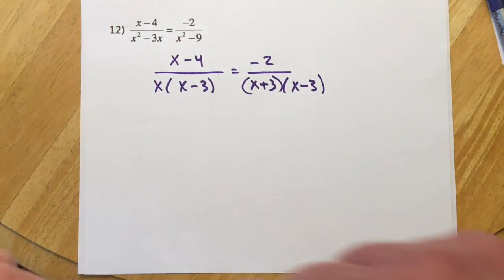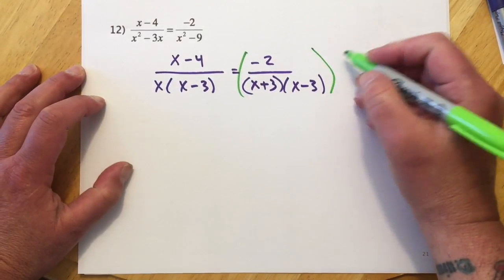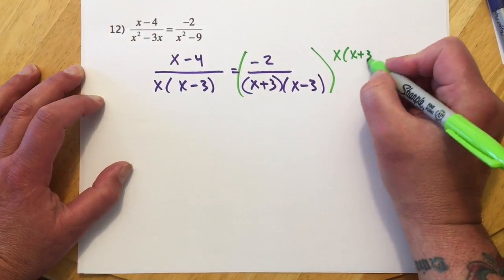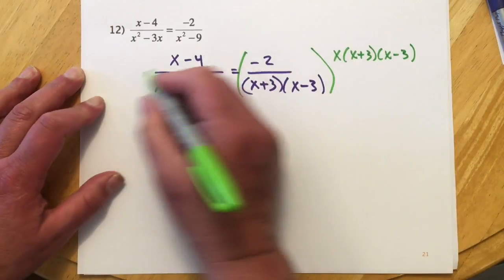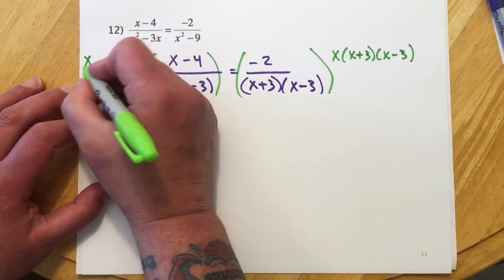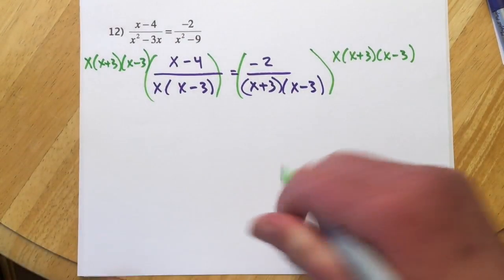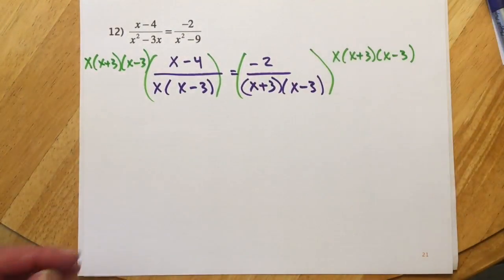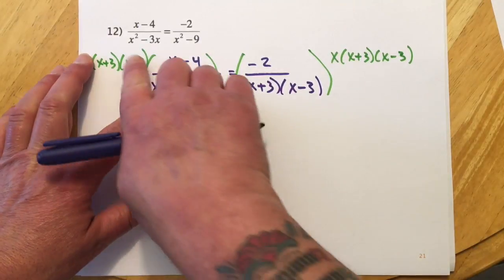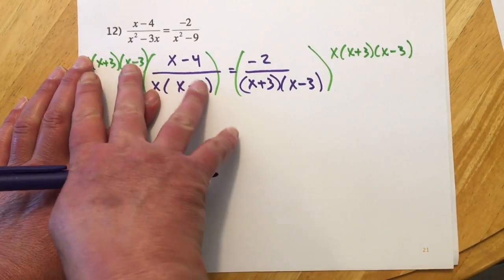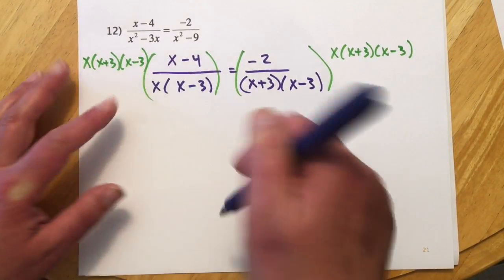So we multiply each side by the LCD. That's x plus 3, x minus 3. So here the x's cancel, the minuses cancel, and I'm left with the plus 3 and the minus 4.